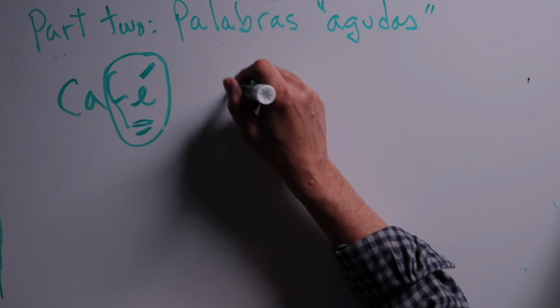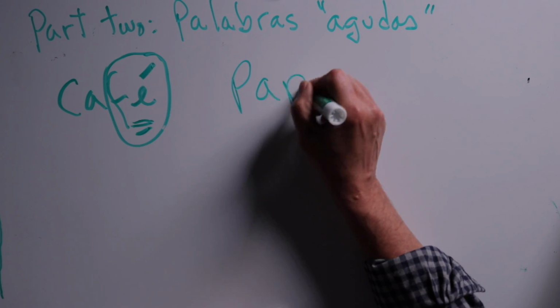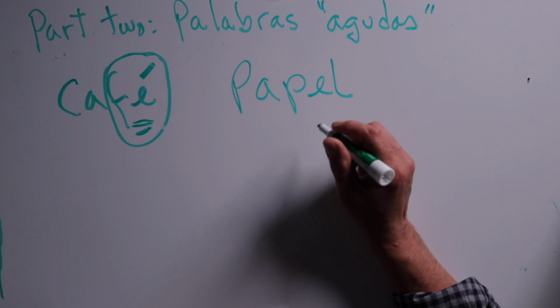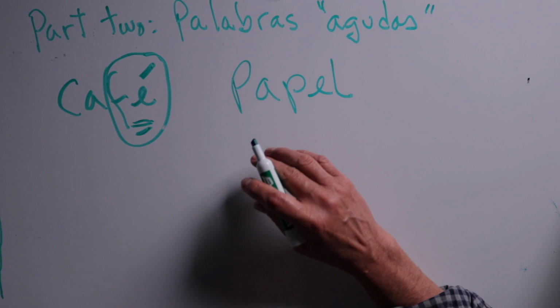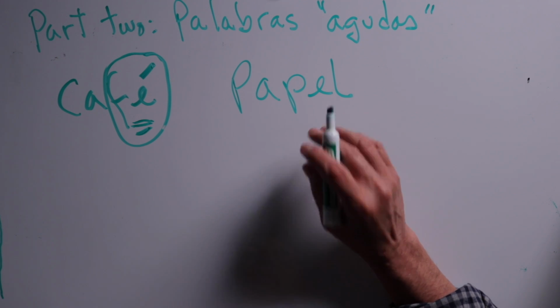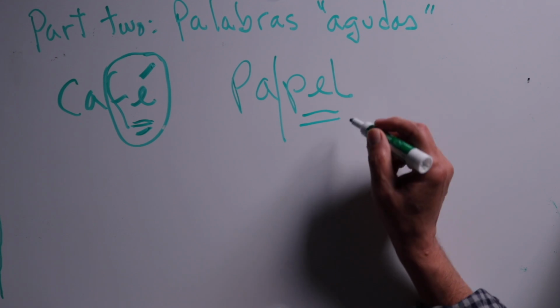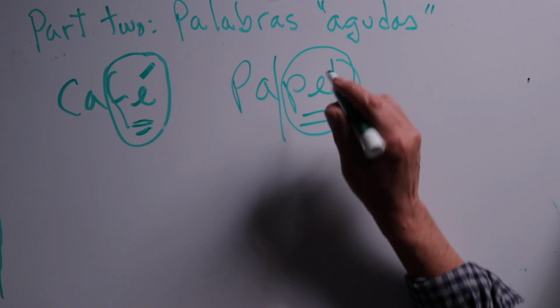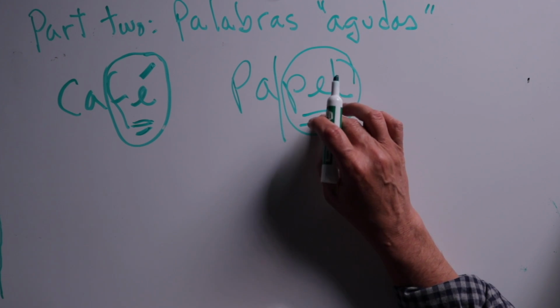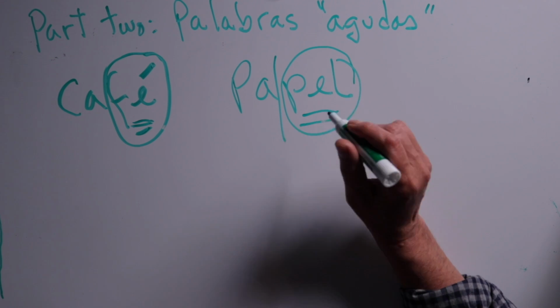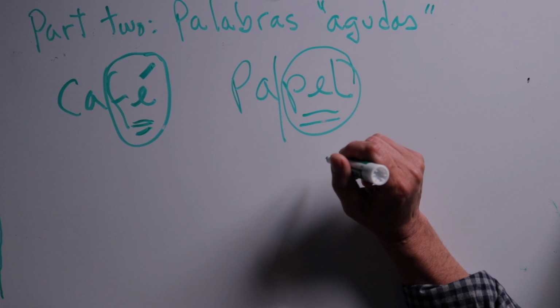Let me give you another example. And I hope that you can guess if this is a palabra aguda and if I have to write down the acento or not. Papel, right? Papel. If you guess that the stressed syllable is the syllable pel, you are absolutely right. Therefore, this word is an aguda one, right?